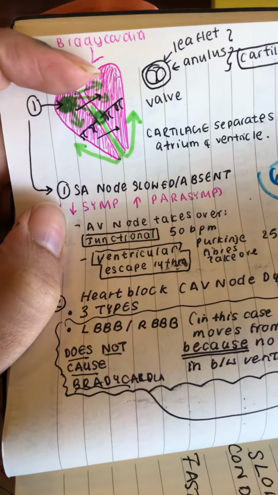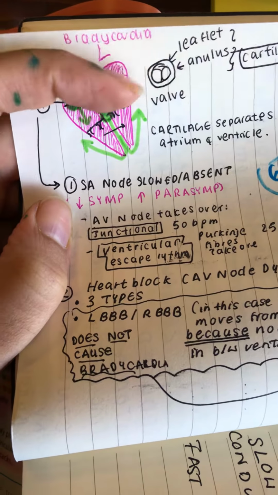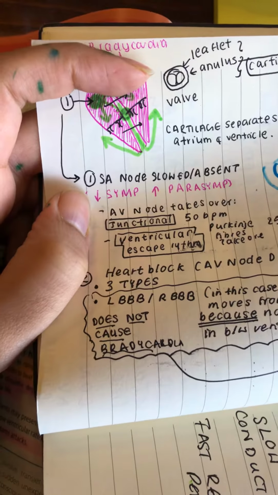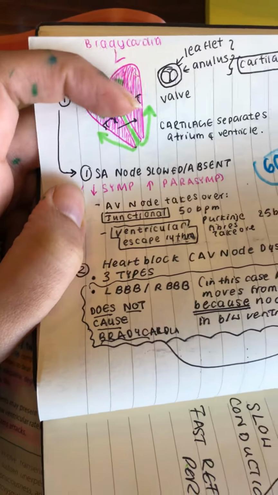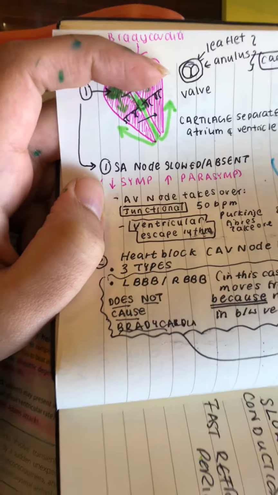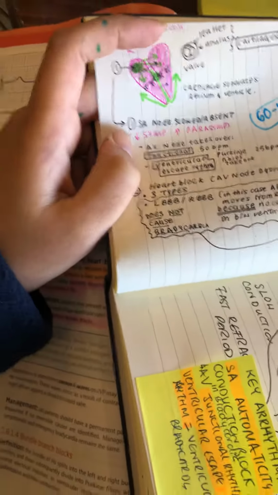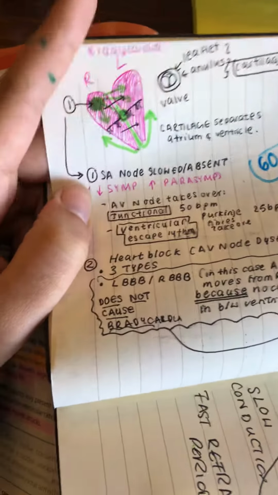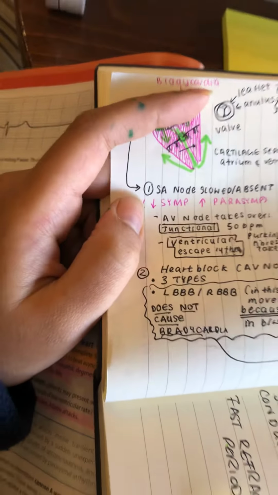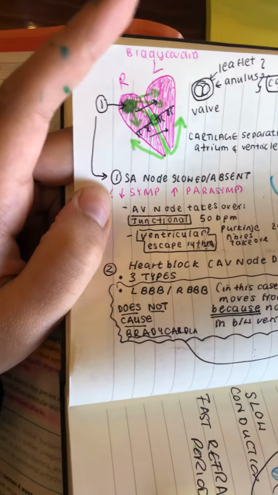Because if there are valves in between, the conduction cannot just pass straight through. The cartilage separates the atrium and ventricle, and that is how the conduction doesn't spread everywhere at the same time.